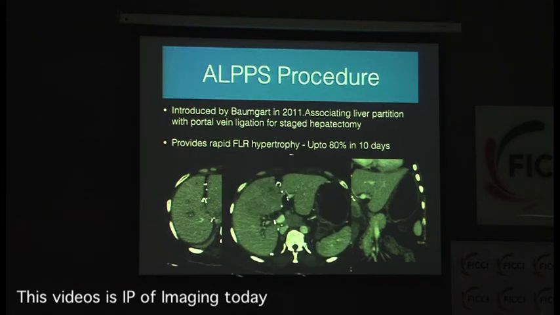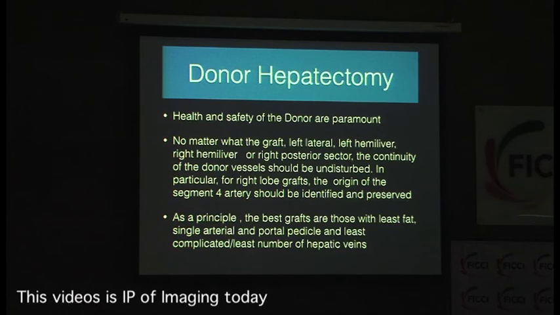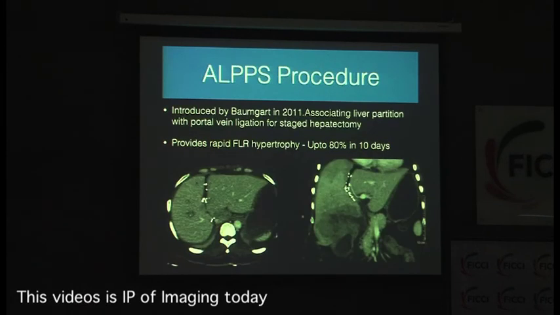These are 2 patients we have done in our department, and what that does is it causes 80% hypertrophy in up to 10 days. So that takes 4 weeks, this takes 10 days. So typically taking shortcuts like surgeons. Okay, so that's the ALPS procedure.